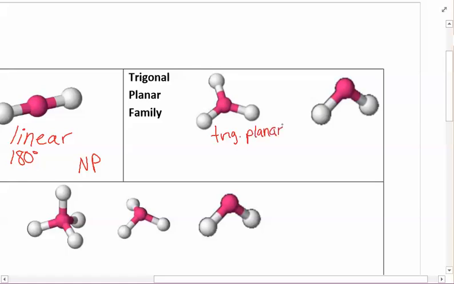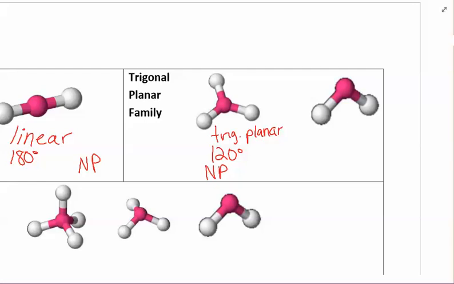When we do the three-dimensional modeling of this, you'll see that all of the atoms are in the same plane. If you were to cut it in half, you would have two equal parts. Its bond angle is 120 degrees, and it is nonpolar because it has an even distribution of the charge.